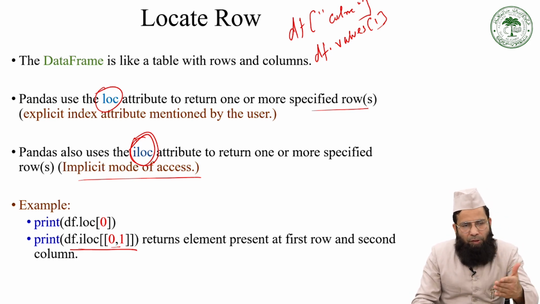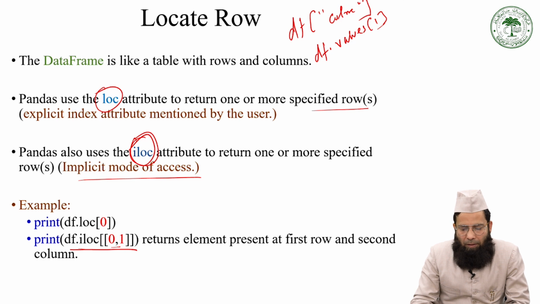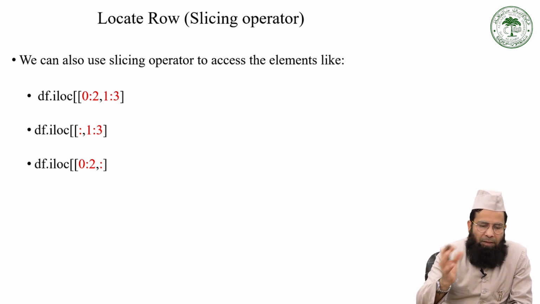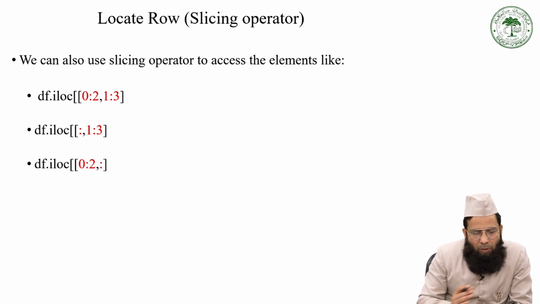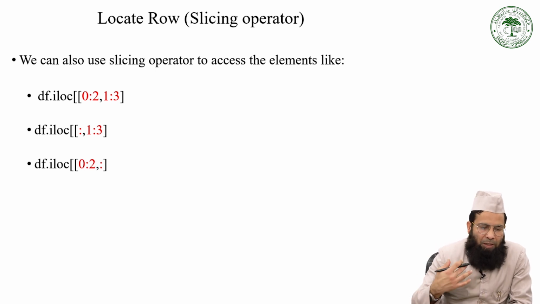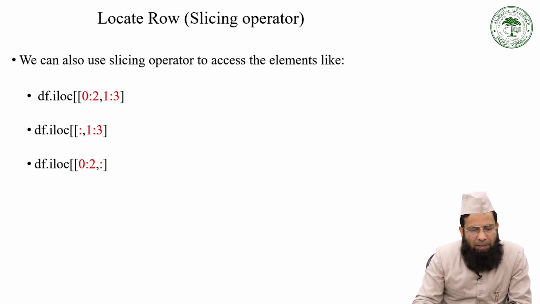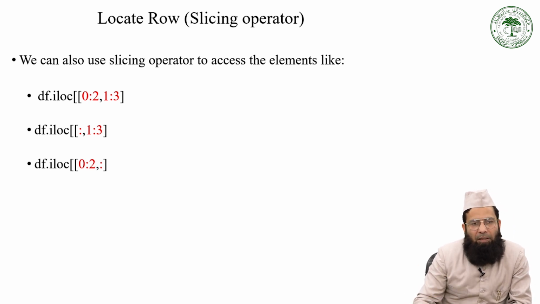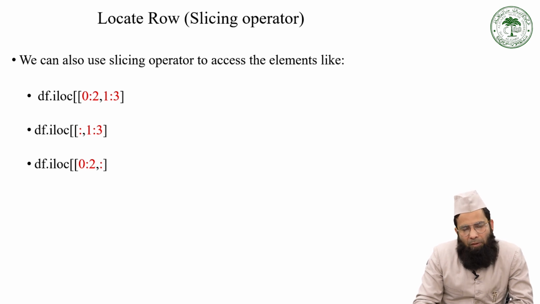Very soon, I will switch to the editor, and there I will discuss all these options. Like in this case that I was telling, we can access more than one column or more than one row using the slicing operator.